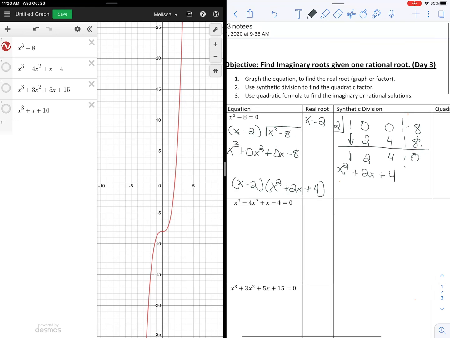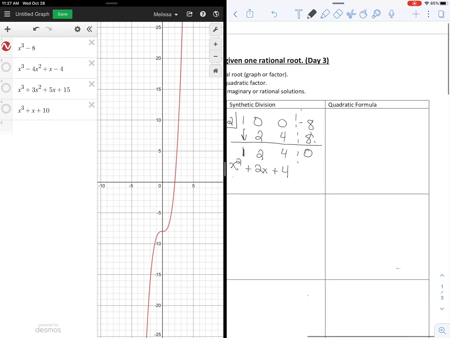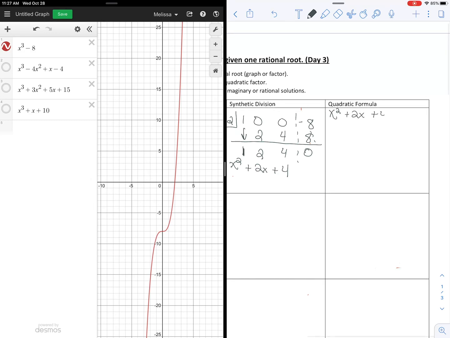So I know I have a real solution at 2. How do I find the solution at x squared plus 2x plus 4? Well, we can use the quadratic formula because we have to say x squared plus 2x plus 4 is equal to 0. Recall the quadratic formula is negative b plus or minus the square root of b squared minus 4ac all over 2a.